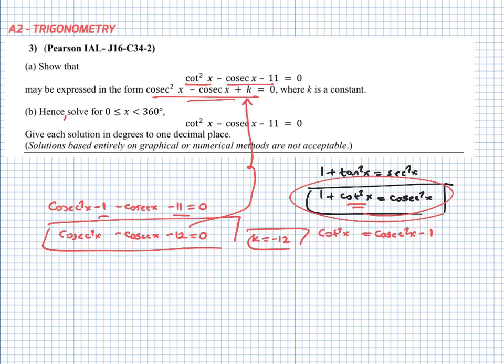So cosec²x − cosec x − 12 will be written as (cosec x − 4)(cosec x + 3) = 0 when we factorize it. Here we will have cosec x = 4 or cosec x = −3.